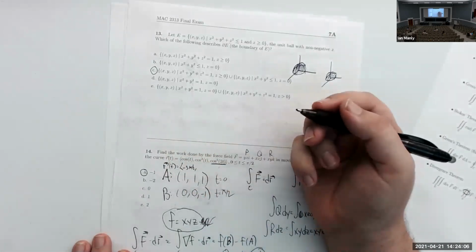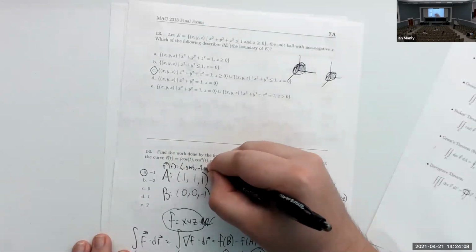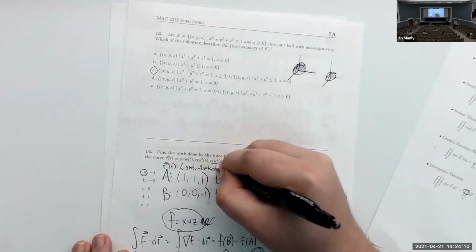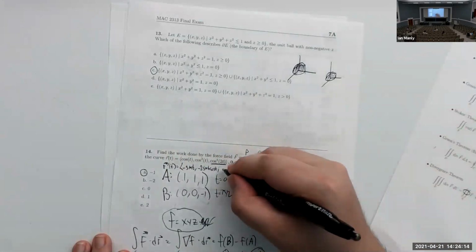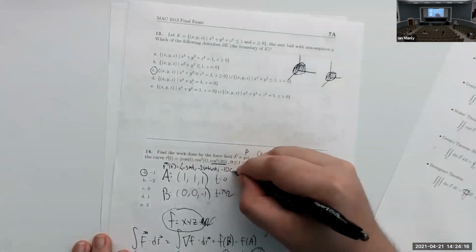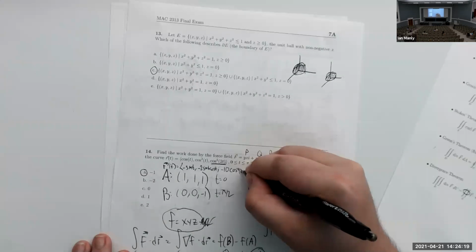What is this going to be? Negative 2 sine of t cosine of t. Oh boy. And then this is going to be negative 10 cosine to the 4th of 2t sine of 2t.